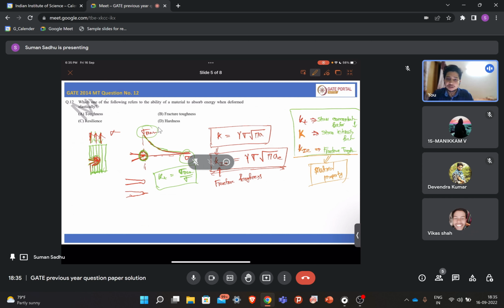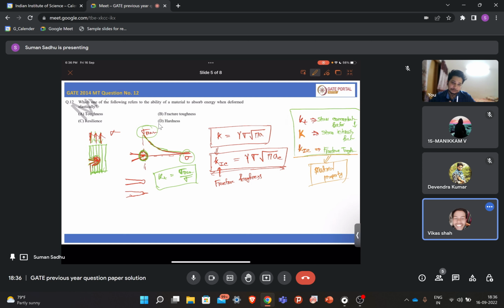And then what is hardness? Hardness is the maximum energy absorbed before failing when we apply the stress. Is it hardness? What are the different kinds of hardness you have heard about? Sir, we have heard about the measuring of hardness, like Vickers hardness and Rockwell hardness.